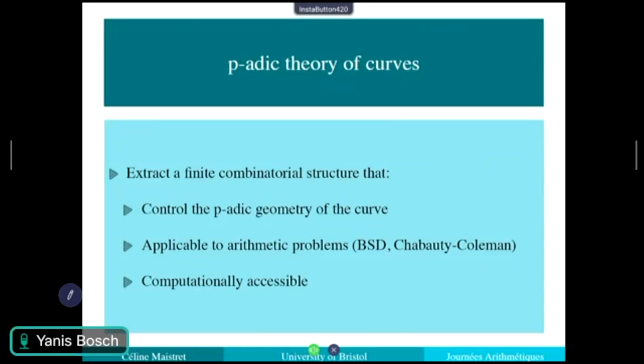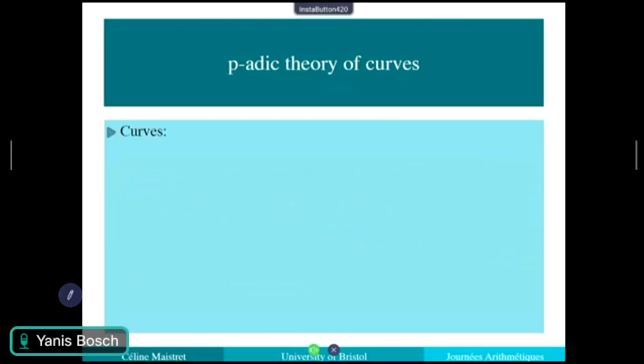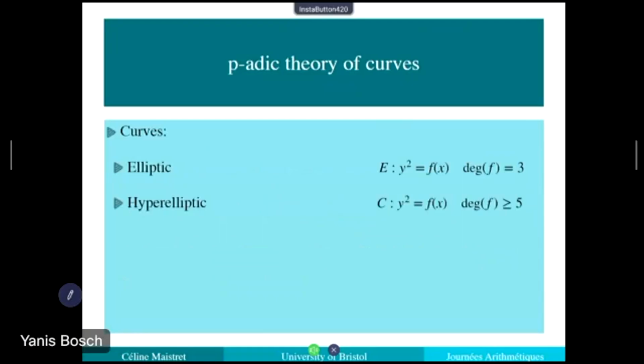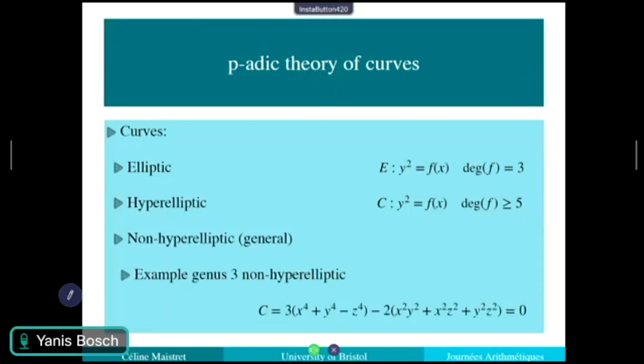And for which type of curves do we want this p-adic theory to work? Well, namely, all of them. So elliptic curves to start with, but this is well established. Hyperelliptic curves, which I will describe. This is very recent, well, moderately recent work. I'm going to use elliptic curves to introduce the method for hyperelliptic curves, and more generally to general curves.